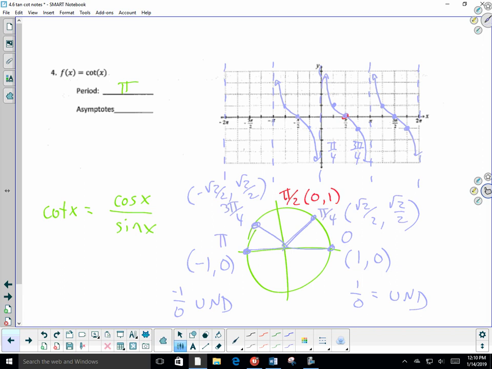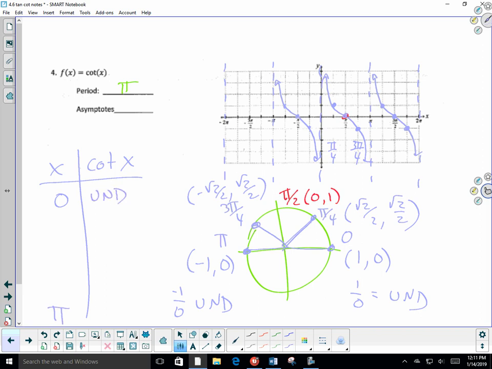All right. If we are going to look at what the key values are to help us with graphing cotangent functions, let's talk about this. So we're getting our key values for cotangent. We know that it's undefined at 0 and at pi, so I can fill in undefined for those.